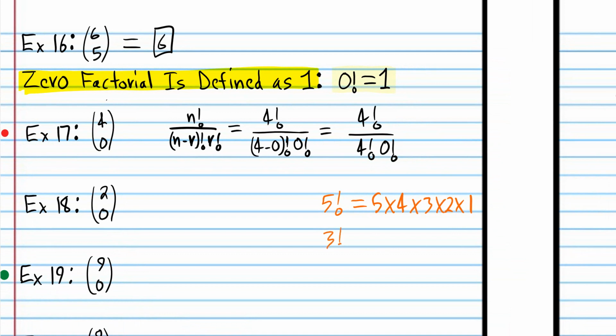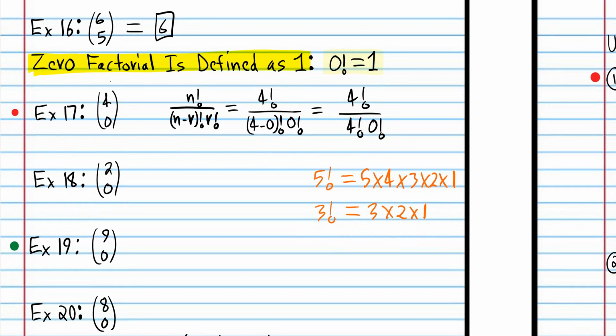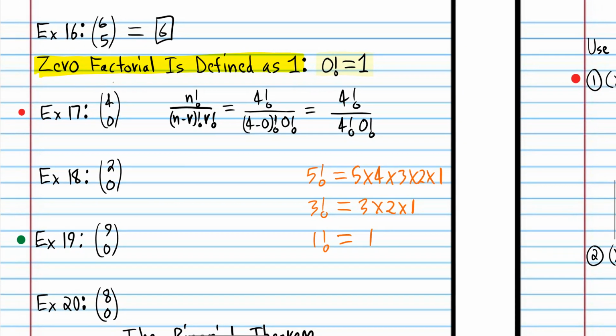If you forgot, remember that's all factorial means, is you're multiplying by each whole number as we descend. 3 factorial will be 3 times 2 times 1, and 1 factorial would just be 1. So this all makes sense. But 0 factorial, we would probably define that as 0, right? It makes sense to just make that 0.